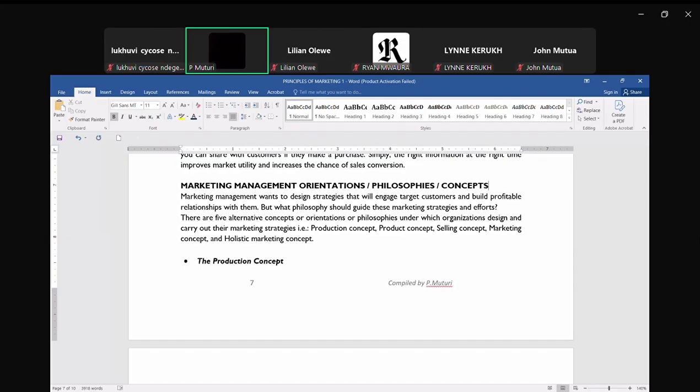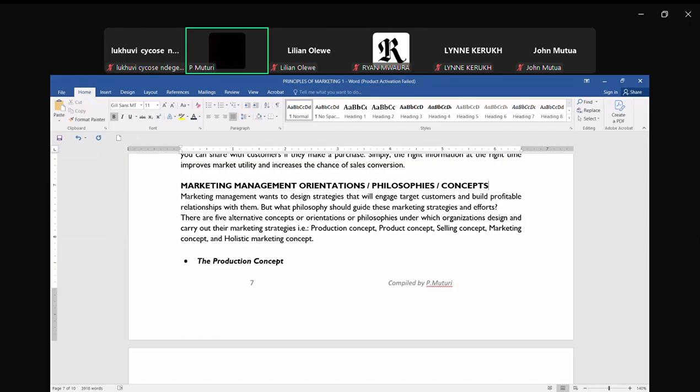Those three words refer to the same thing. When you hear philosophy, it is just a way of doing things, so it shouldn't make you worried about these big names. Philosophy is about how you do things, how you try to understand the world around you. It is a framework on how we try to make sense of a particular issue, a particular phenomenon. So here the issue is marketing.